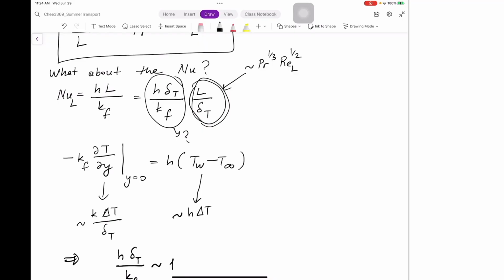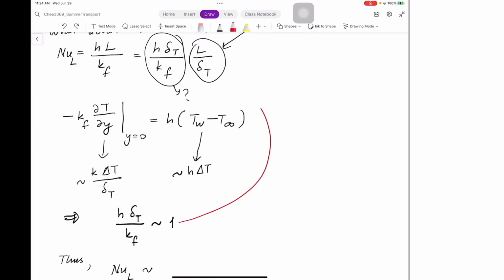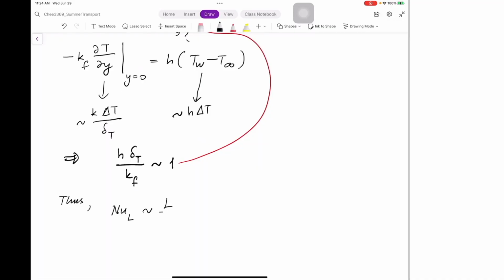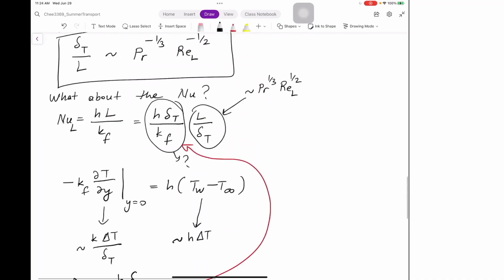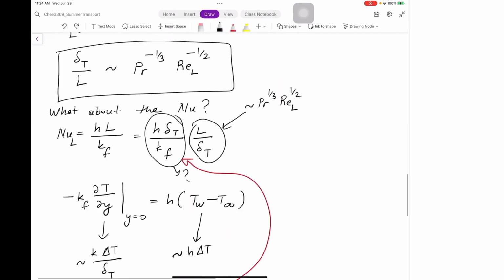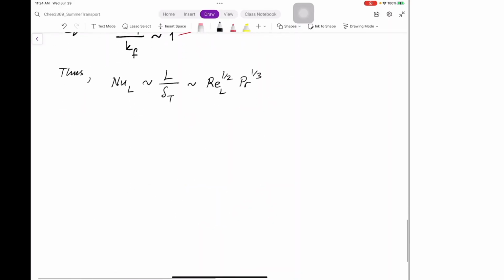Because this scales with 1. L over delta T. And the L over delta T, as we said before, here, scales with Reynolds number L to the power 1/2, Prandtl number to the power 1/3. Right? Okay, cool. Good.